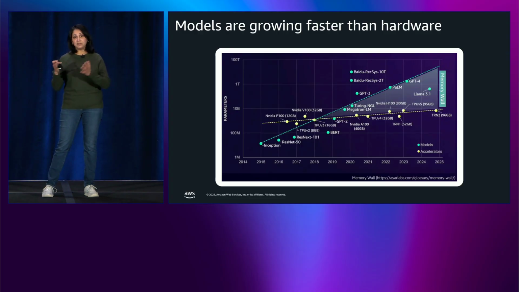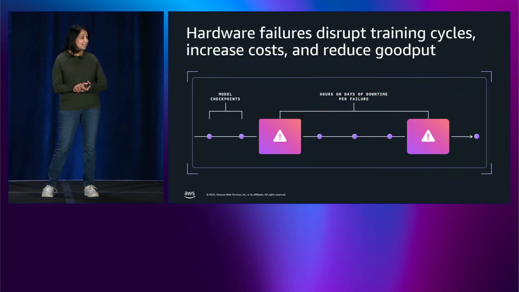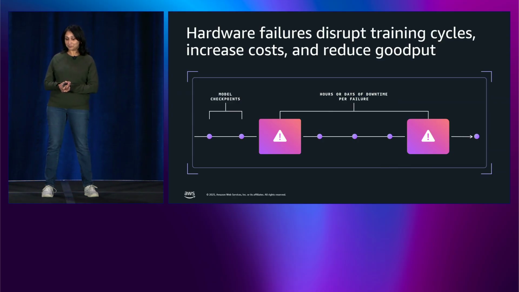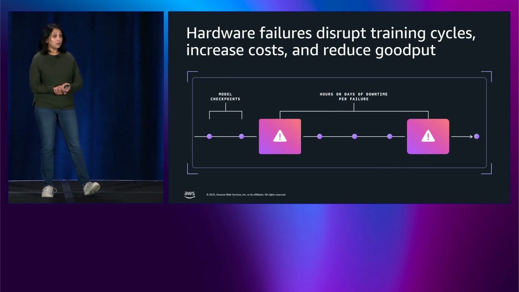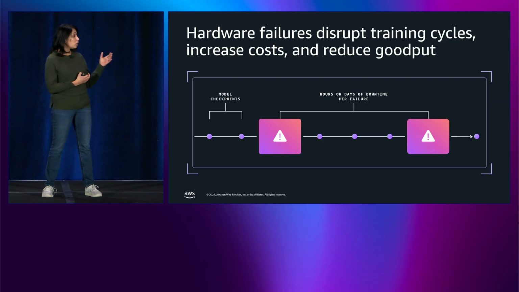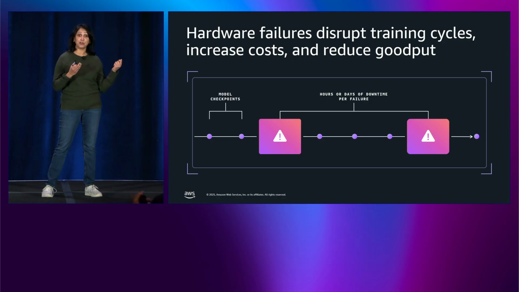So if you've done all of this and gotten this far, and you've kicked off your model training, the next challenge you run into is hardware failures. So although these accelerated instances give you a lot of compute and memory power, they also tend to fail. And because distributed training is a highly synchronous process where there's a lot of internode communication, a single GPU failure can halt your entire fine-tuning or training workload.